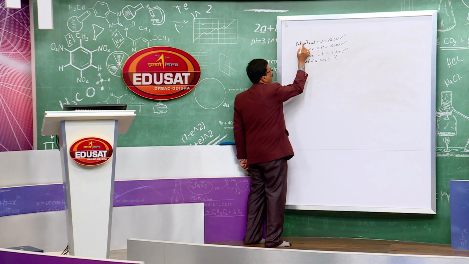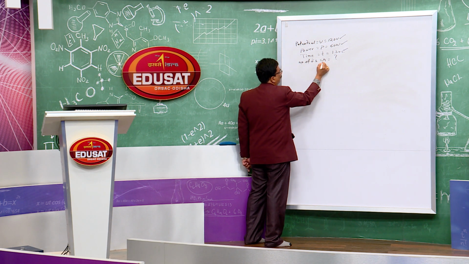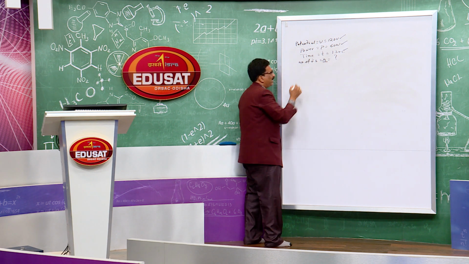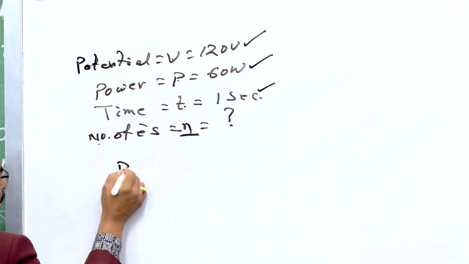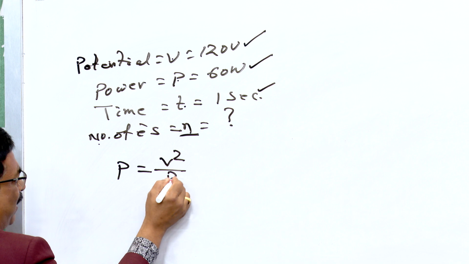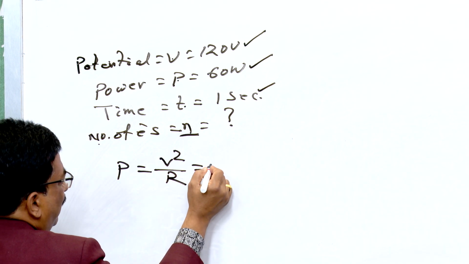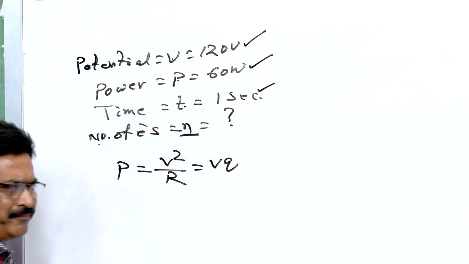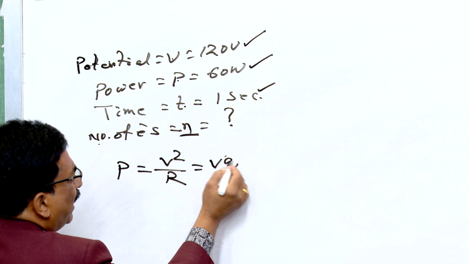Next, what is the formula regarding that? We are interested to find the number of electrons, that is N. Here P, V and T are given. So we know P is equal to V square by R, or P is equal to VQ, and Q is equal to NE.